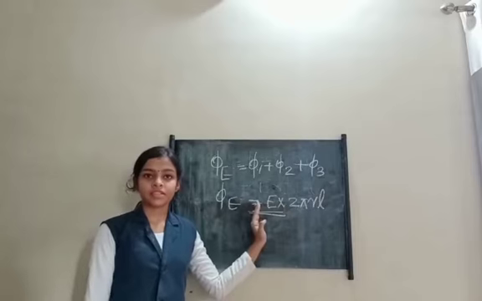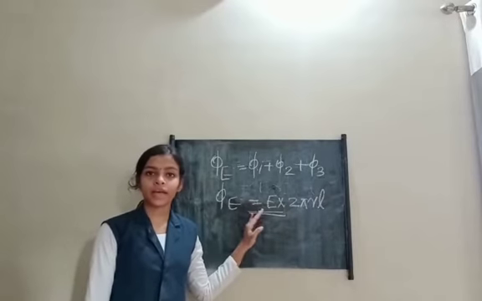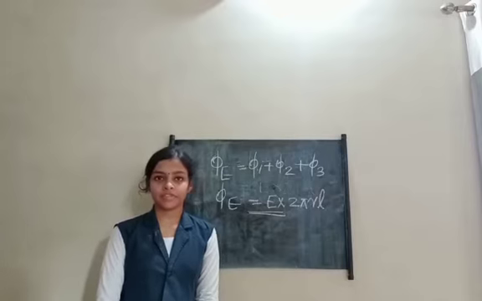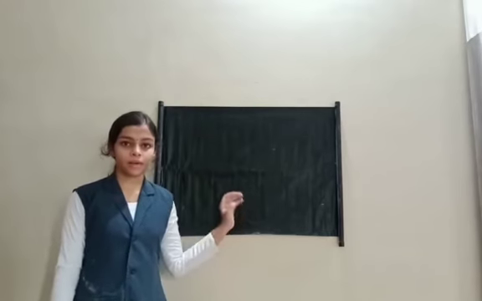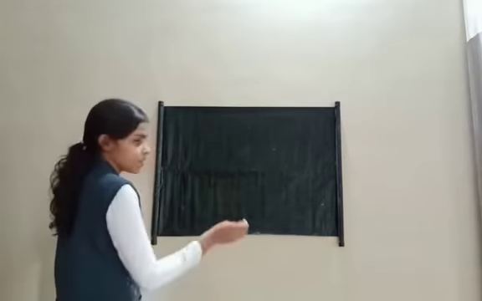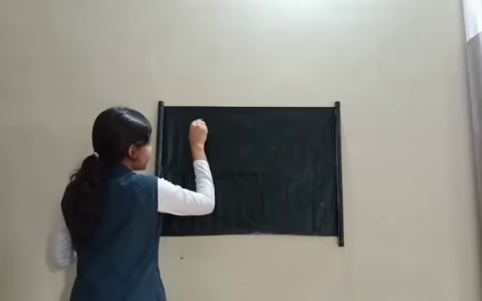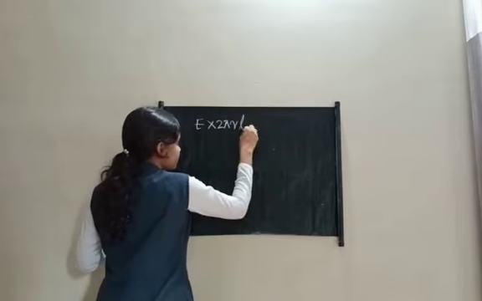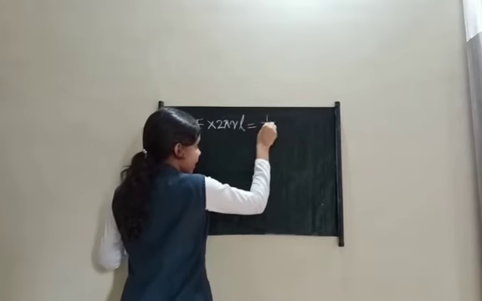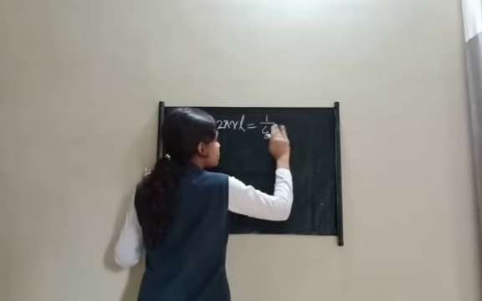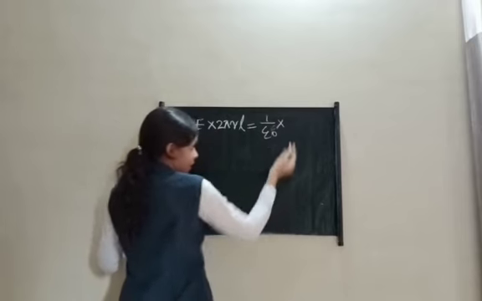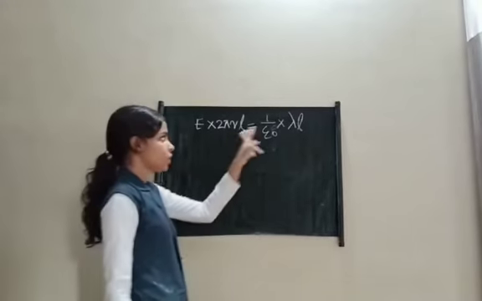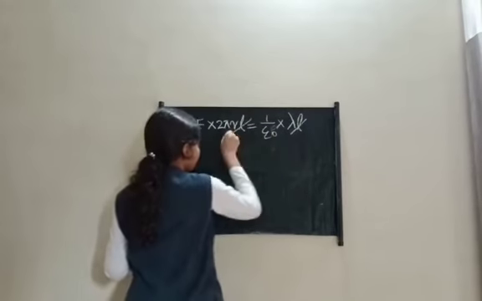Now this flux should be equal to 1 by epsilon 0 times the net charge enclosed by the surface. Now we have to apply Gauss's theorem. So the equation can be written as E into 2 pi r L equal to 1 by epsilon 0 into lambda L. Here the two L's will get cancelled.